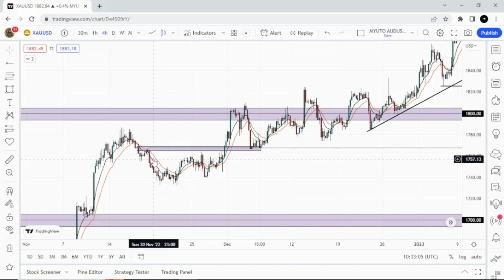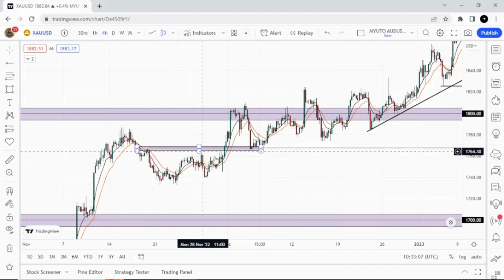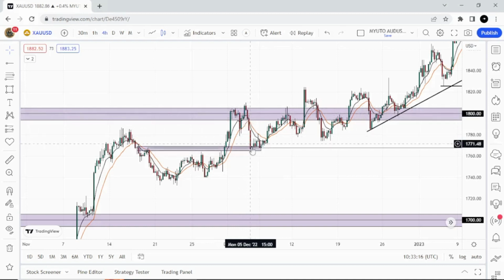We have 1, 2, price broke above this level, found resistance at our major key level here, retraced back to our minor key level, and began going upwards.